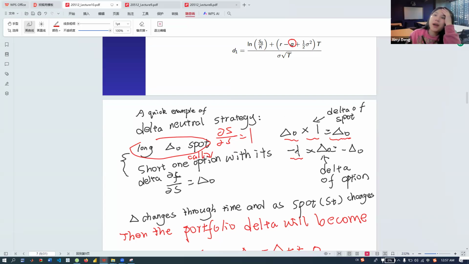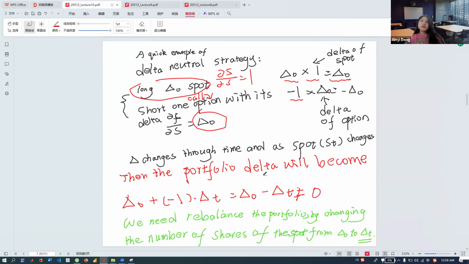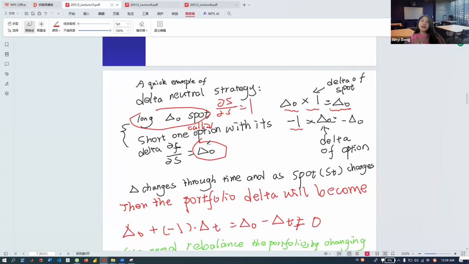So -1 times delta O. Recall that the delta of the call option is expressed as delta O. So for that short position, the delta associated would be minus delta O. And the portfolio delta, of the positions in the spot and the positions in the option, would be adding up to 0. So that's a quick example of a delta neutral strategy.